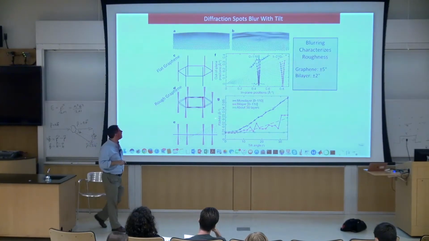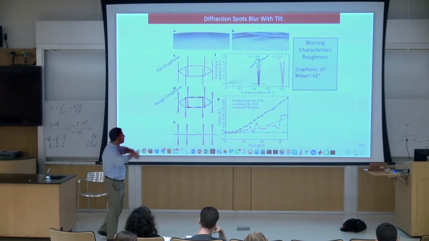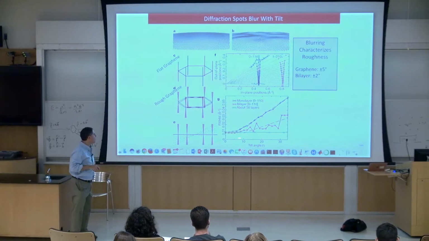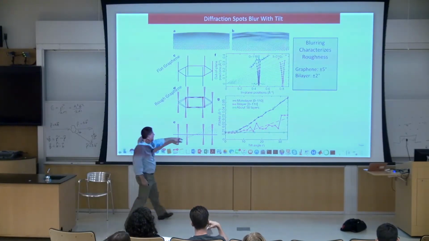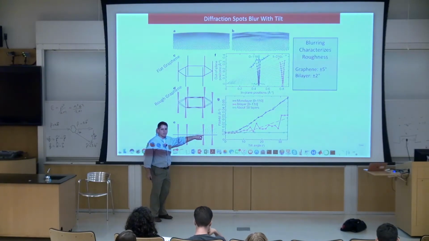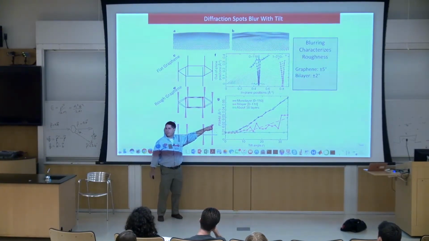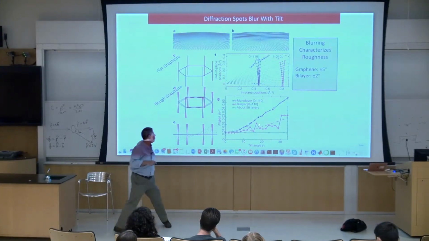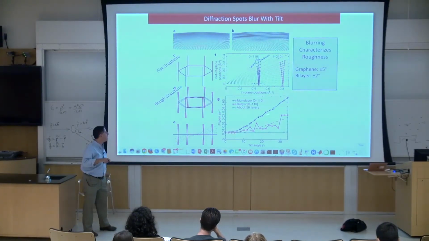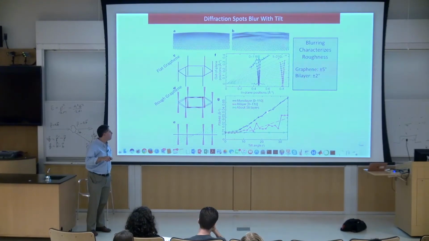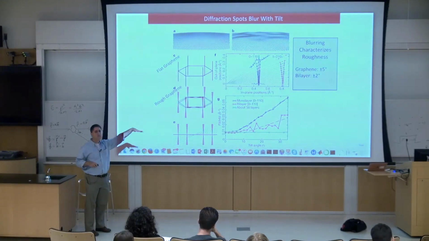So when you look at graphene, which has thermal fluctuations, as a function of tilt angle, the diffraction spot at zero tilt is very small, and at large tilt the diffraction spot gets fatter and fatter. The width of the diffraction spot gets bigger with tilt, and in fact, if you measure that, you know the root mean squared distortions and ripples in the graphene.